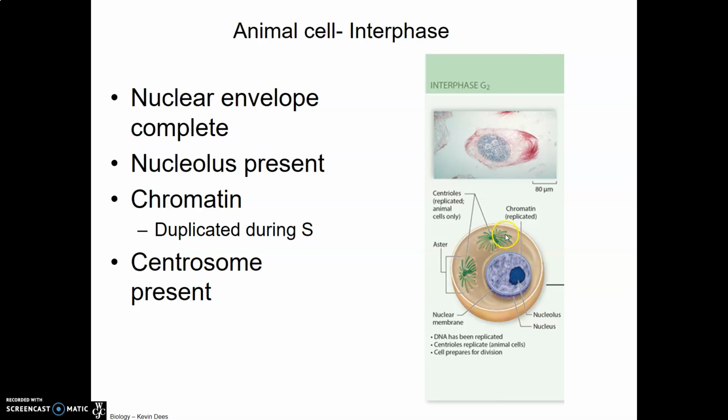In an animal cell, you will also see that the centrioles have been replicated, and they may begin to be visible as they move towards opposite poles of the cell. So, during interphase, you'll have a complete nuclear envelope giving the nucleus its perfectly round shape. You'll see a nucleolus and the genetic material in the form of chromatin.